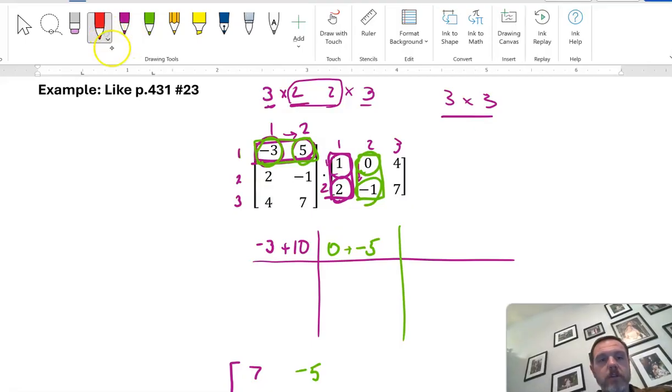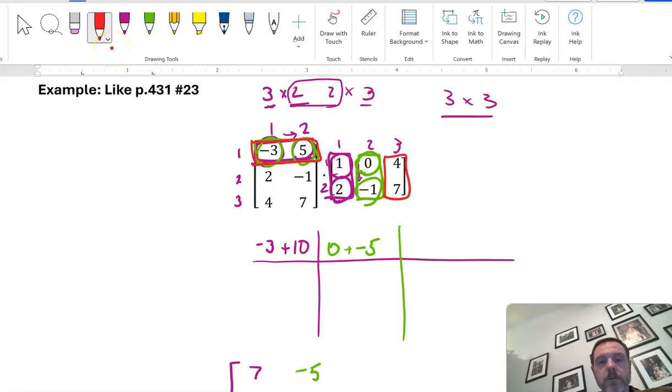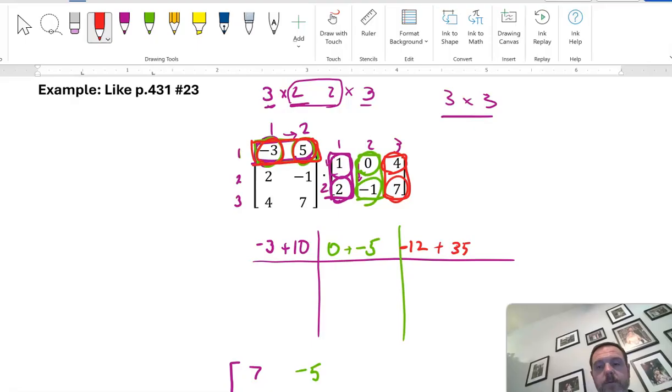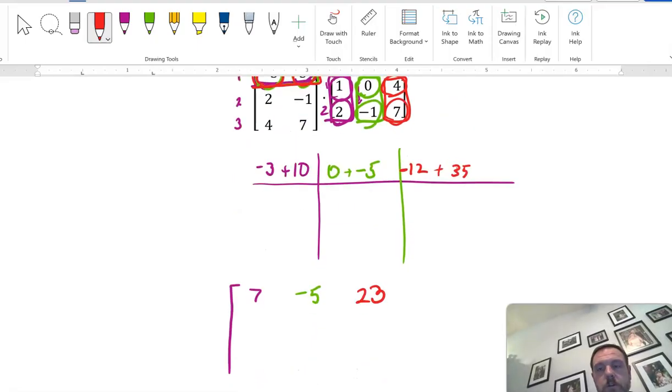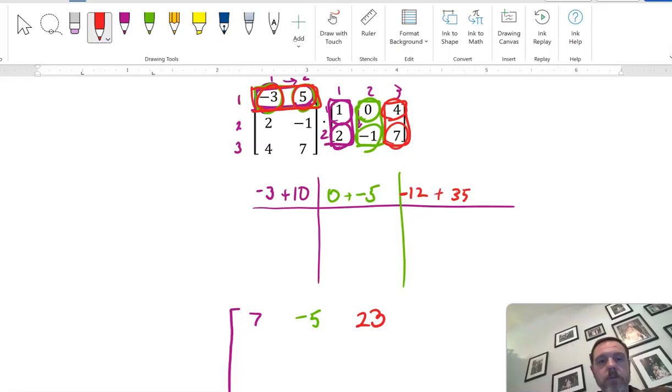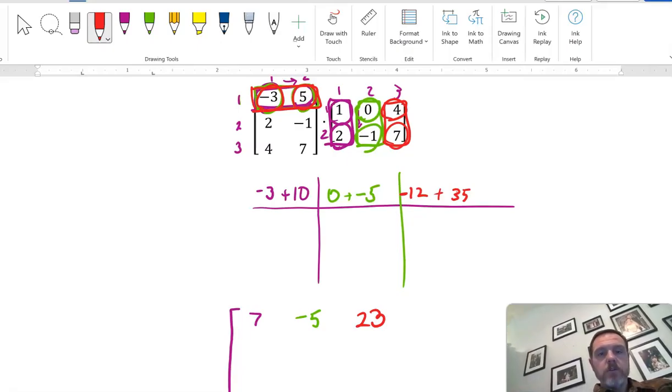We have the top row and just one more column. -3 times 4 is -12. And 5 times 7 is 35. -12 plus 35 is 23. And now that should be the whole top row. Let's move down to the next one.